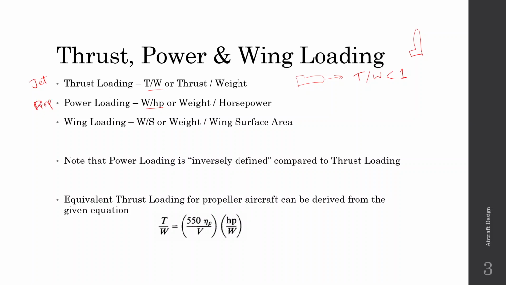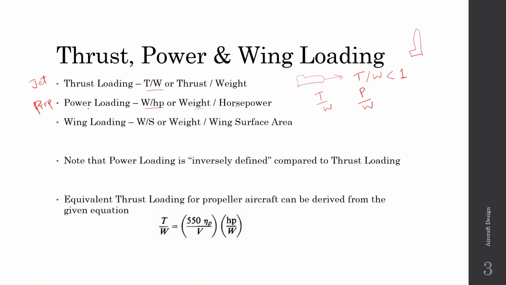Conventionally for jet engines the thrust loading is defined as T by W, whereas for propeller aircraft it is defined as weight by horsepower. So you can see that in a way this is opposite of the thrust loading. If thrust loading is T by W, the power loading should be P by W, but due to convention or due to historical trend, it is defined as weight by horsepower.